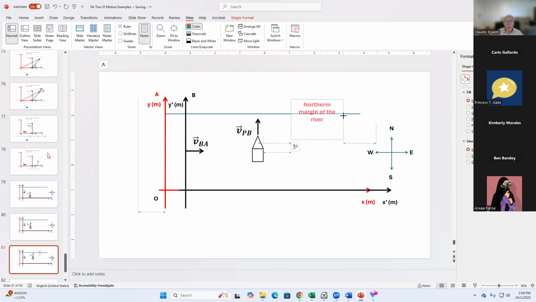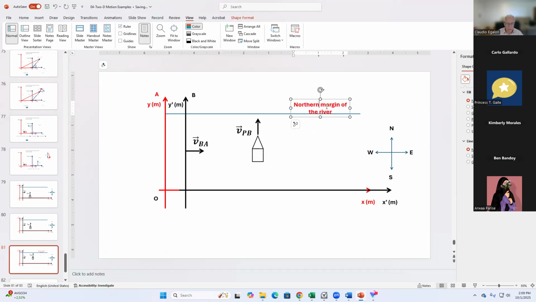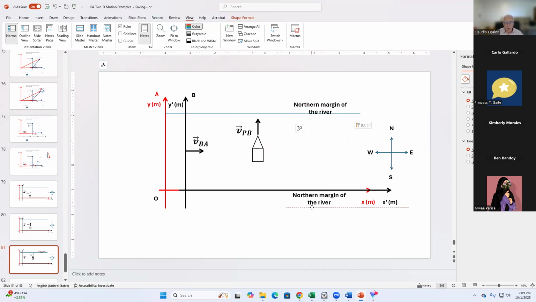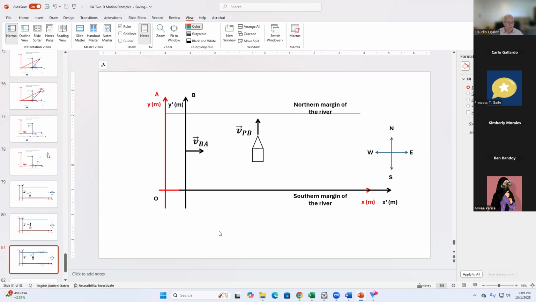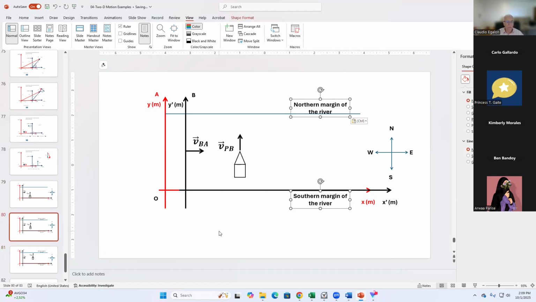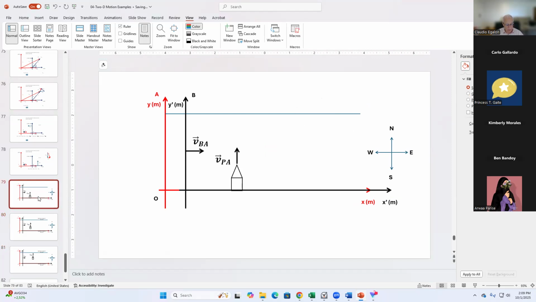And in black color here, the southern margin of the river. I'm going to put that on the other slides as well, this one and this one.